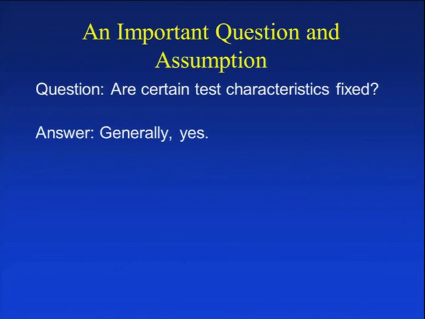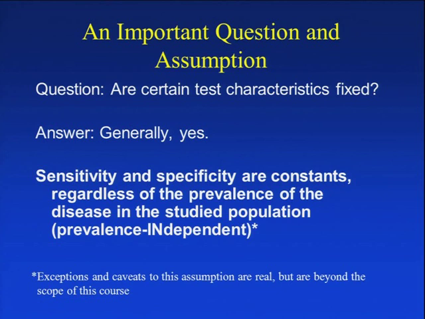And when I say test characteristics, I don't mean post-test probability. I don't mean predictive values. I mean sensitivity and specificity. The assumption I'm going to ask you to remember: are test characteristics fixed? Yes. Sensitivity and specificity are constants.